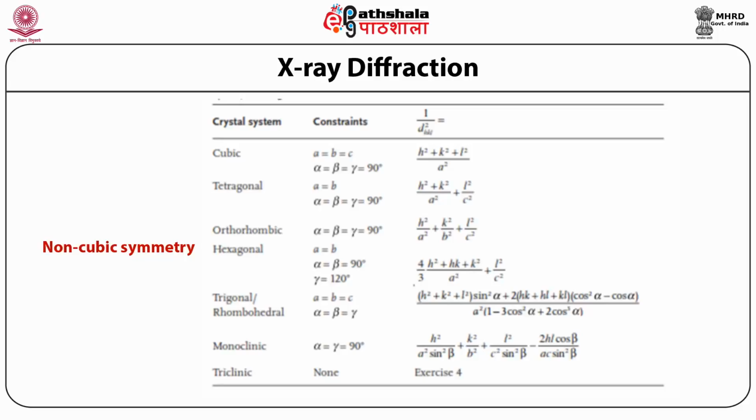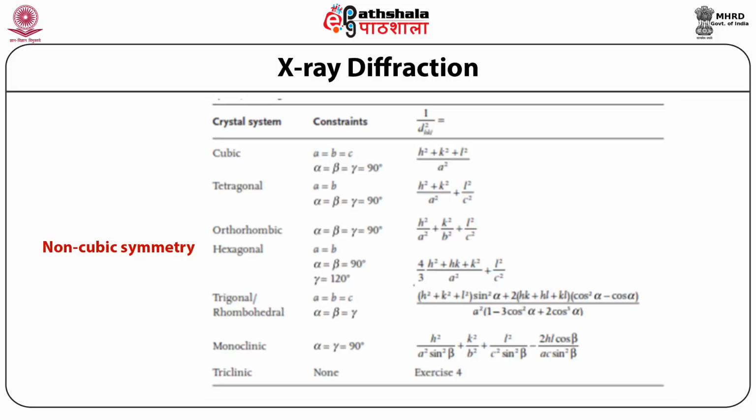You can see that for triclinic there is no such formula given. In fact you can derive this; it is a kind of exercise you can do yourself, where alpha, beta and gamma are the different angles between the different axes. The idea of showing this table is that when we know the relation between d, HKL and these angles, it helps us to index the planes.